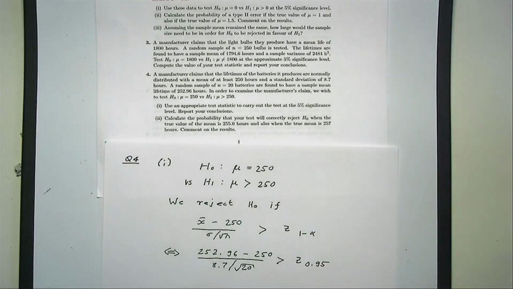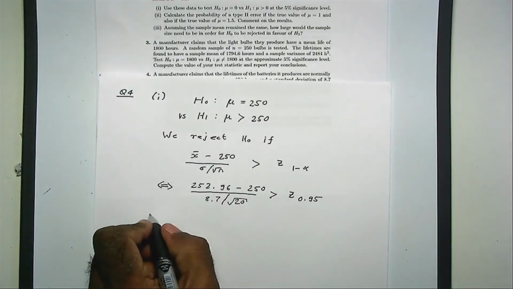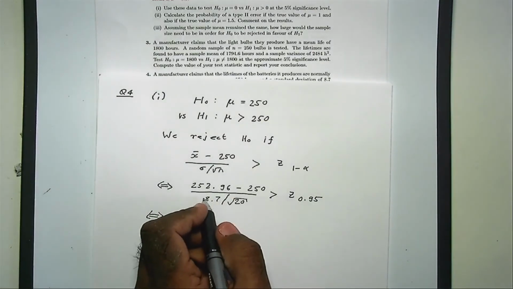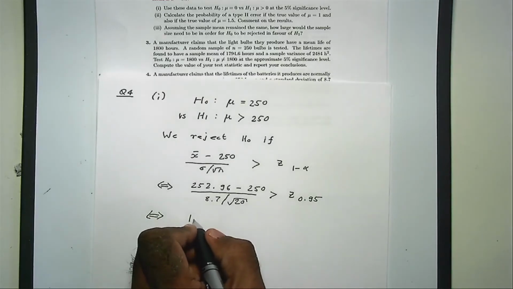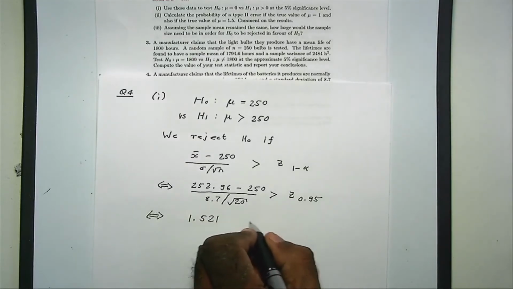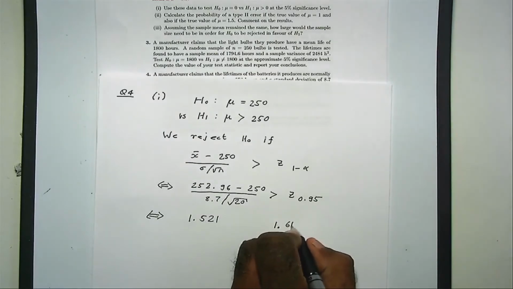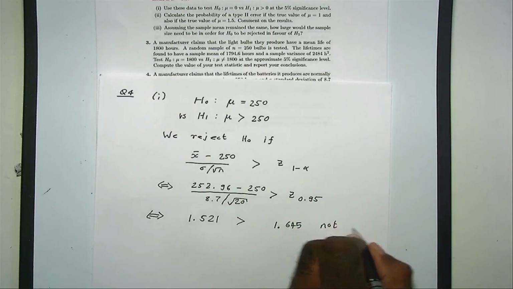So let's see. If you work out the left hand side, the left hand side is approximately equal to 1.521, and the right hand side is 1.645, and this is clearly not true.